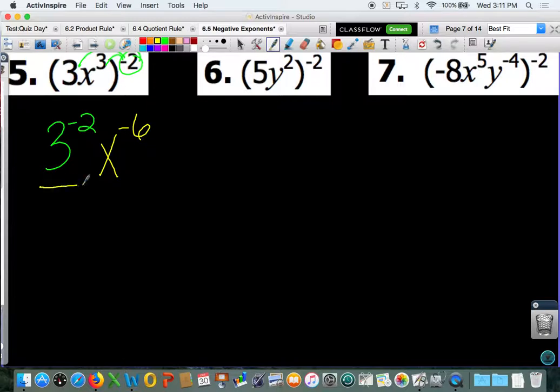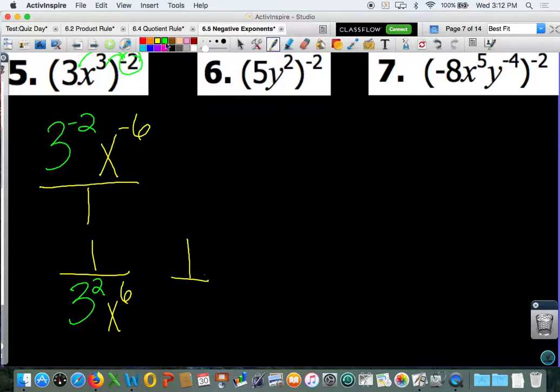These are both over an invisible 1, and they both have a negative exponent, so they both have to go to my denominator, and my 1 is going to go to the numerator. So my 1 flips over to the top, my 3 flips to the bottom squared, and my x to the 6th power flips over. Now we can't just leave it like that. You need to multiply everything out. So I've got 1 over 9 x to the 6th power.